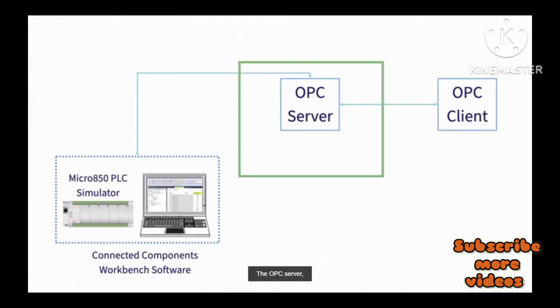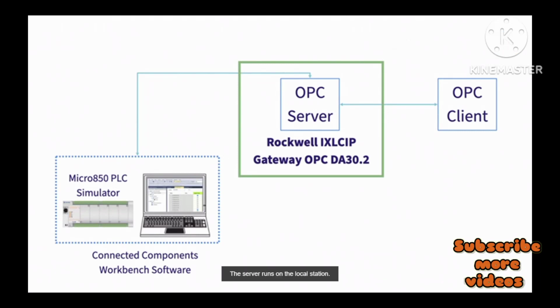The OPC server is Rockwell IX LCIP Gateway OPC DA. The server runs on the local station, our computer, in the background, and I can see it in the OPC client directly. Since it is an OPC DA, I'm going to use Cogent DataHub as the OPC DA client.